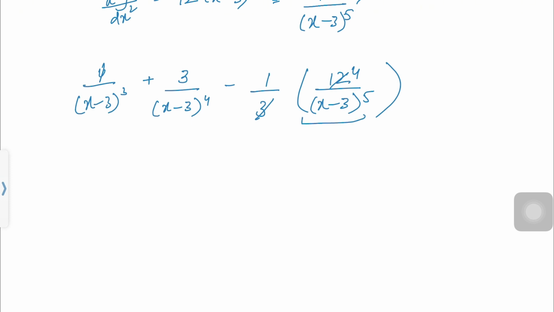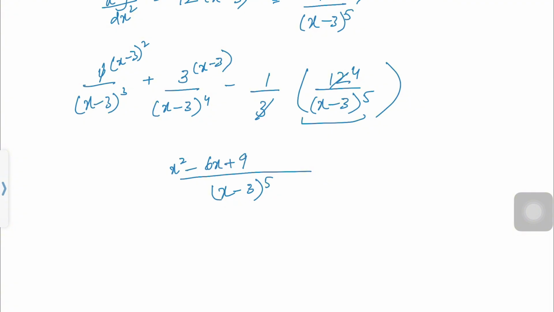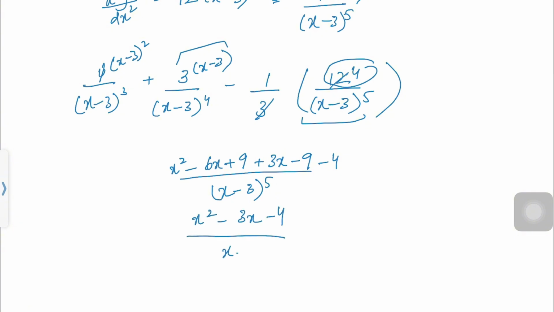And we need to now take the LCM. So the LCM would be (x minus 3) to the power 5. Here we need (x minus 3) squared. Here we need (x minus 3) only. So (x minus 3) whole squared would be x squared minus 6x plus 9. Then this would be solved as plus 3x minus 9. Then this would be minus 4. Eventually solving it, we'll get x squared minus 3x minus 4 over (x minus 3) whole to the power 5.